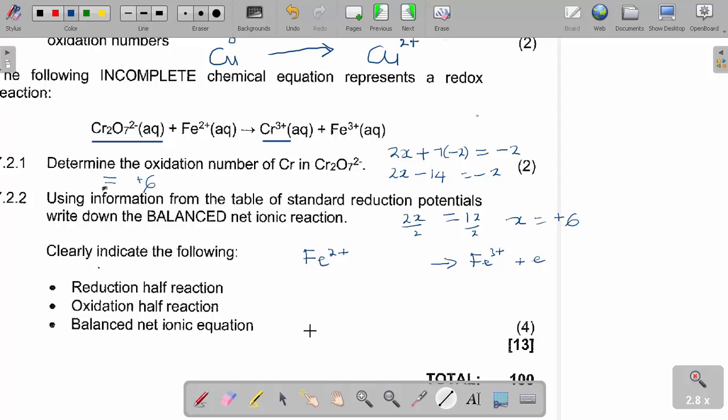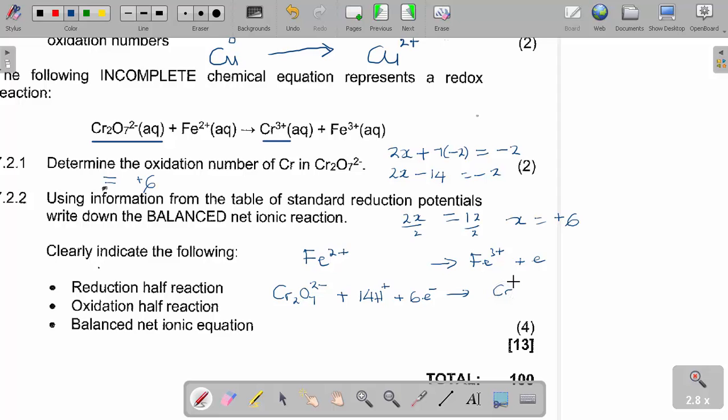I said we are going to have the dichromate ion, plus 14 protons, and then plus how many electrons? Plus 6 electrons, to give us the chromium ion and some other stuff.